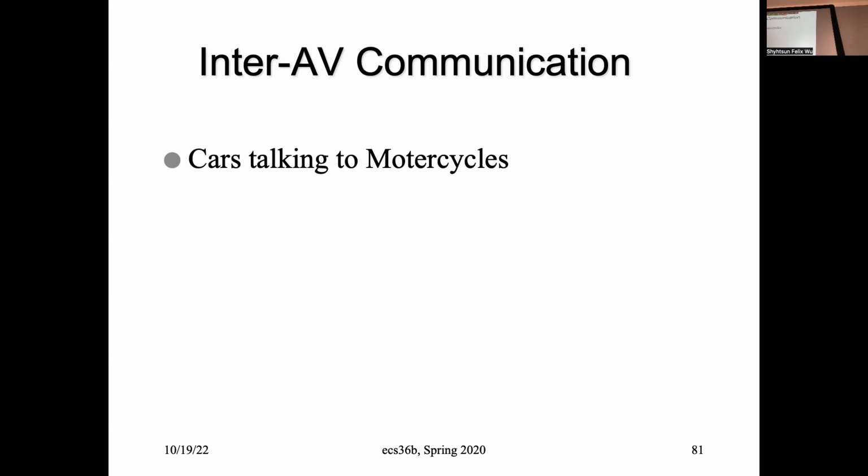Of course, when you're driving, you cannot talk to the rider, that gentleman without a helmet or that gentleman with a helmet. There's no time for you to talk. But you can actually talk to the motorcycle. So essentially what we're looking at is defining the process of how the car should talk to the motorcycle.